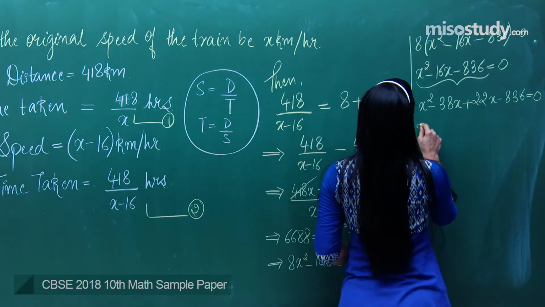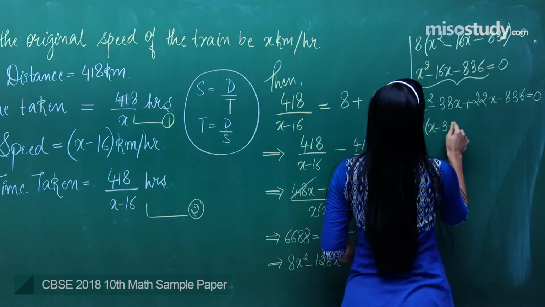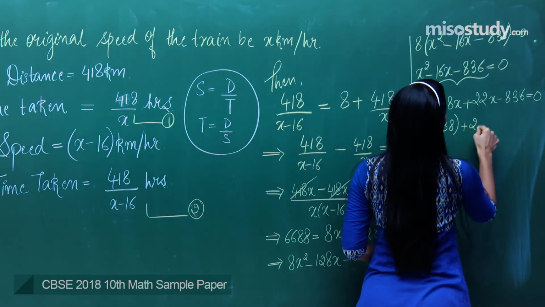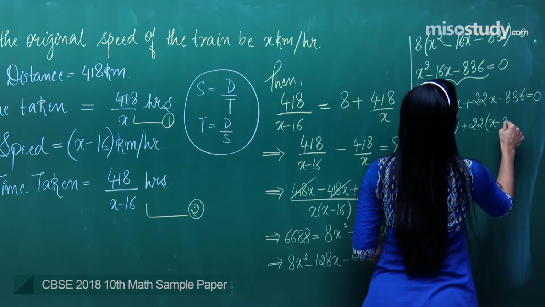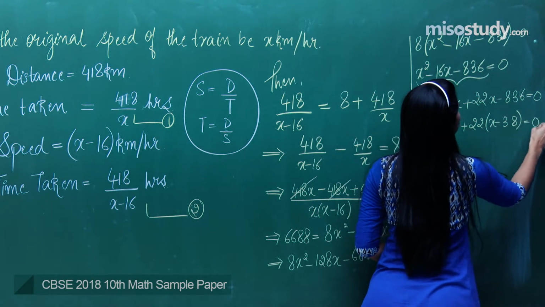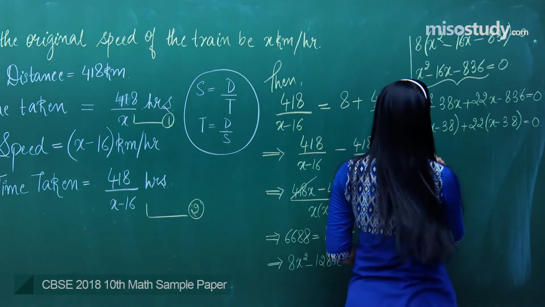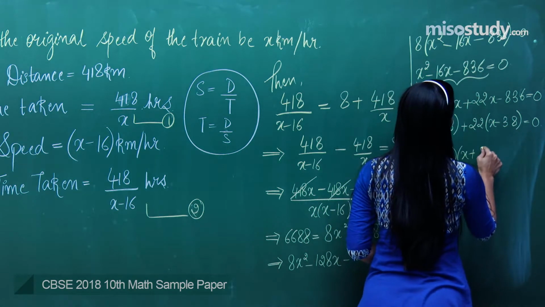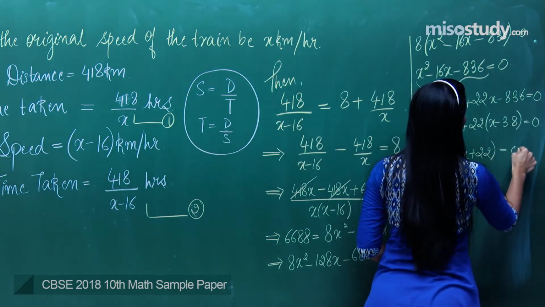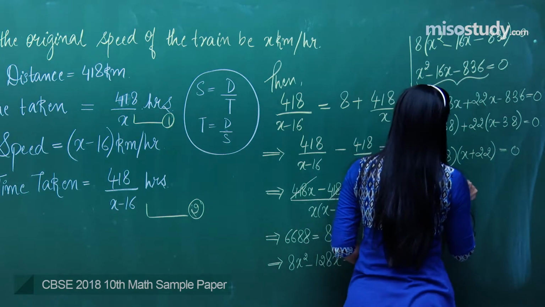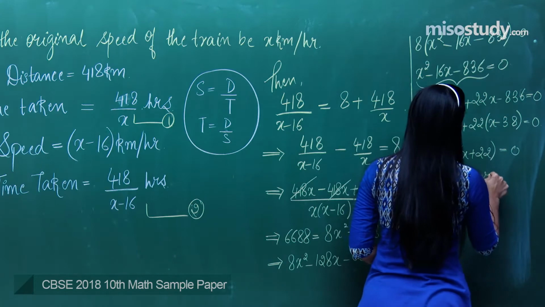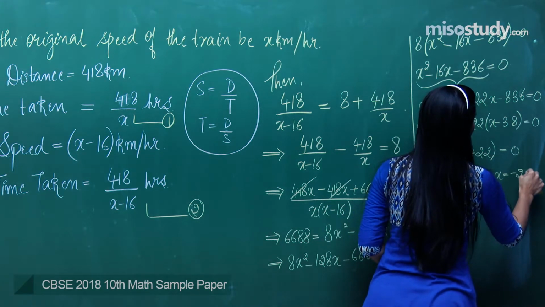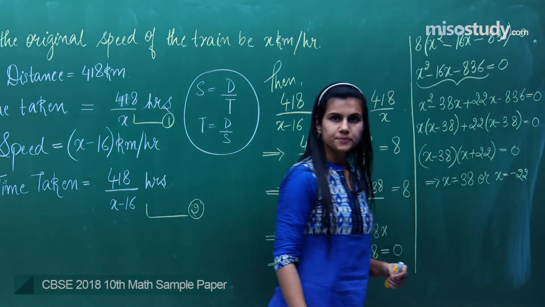And therefore, you have x minus 38 into x plus 22 is 0, which implies x is 38 or x is minus 22.